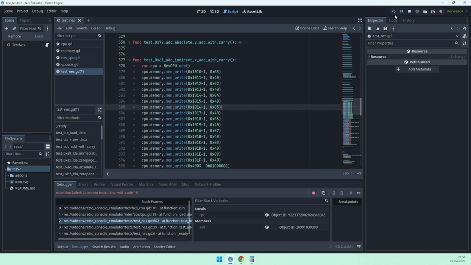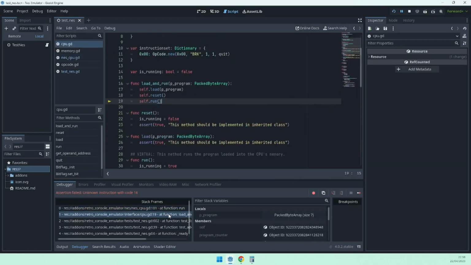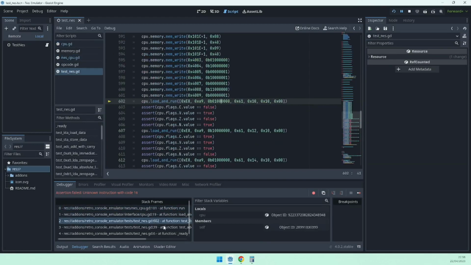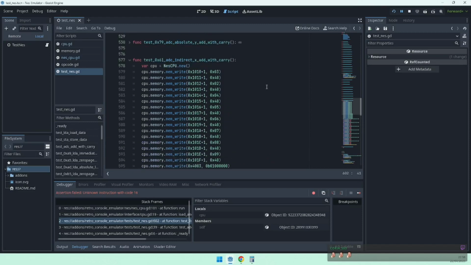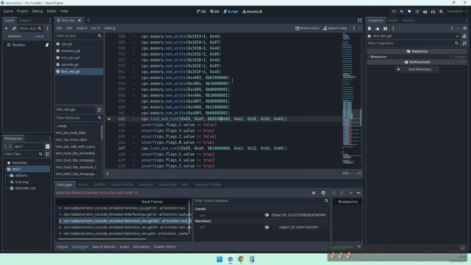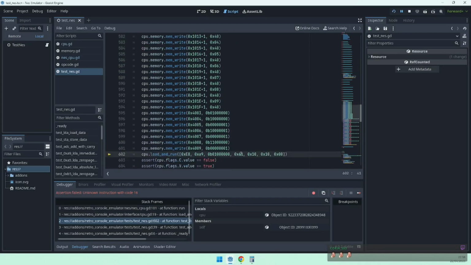Let's add one. I hope it all works. Nope. Code is still 10. I'm failing on the very same one. Should be taking 11. Oops. 0x61 registered properly.